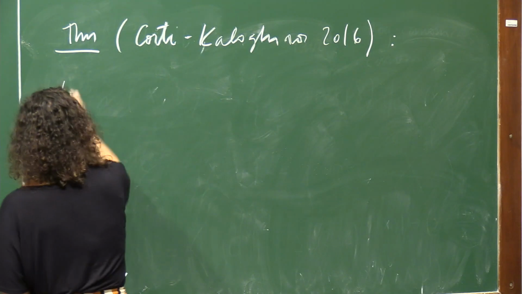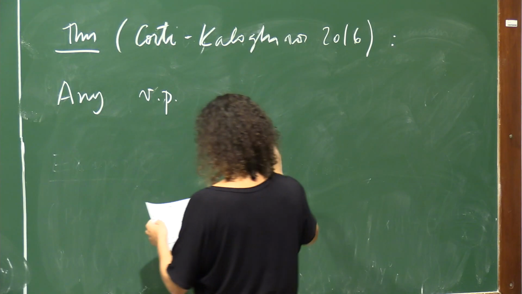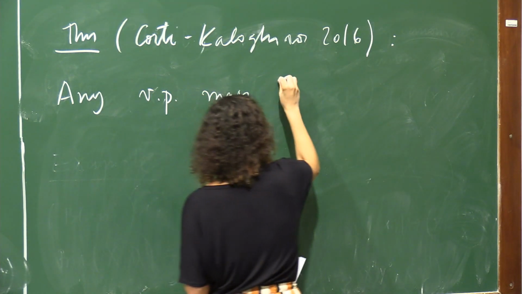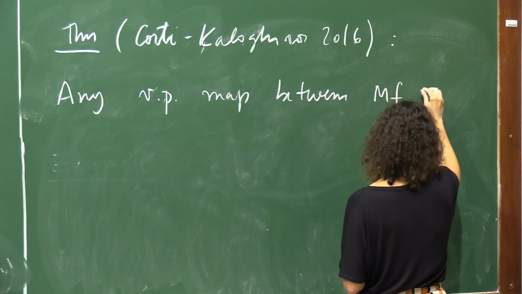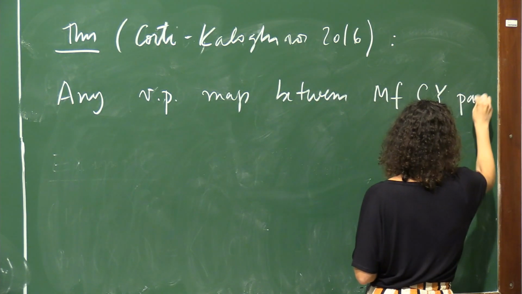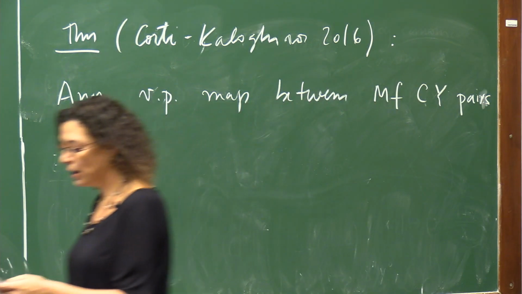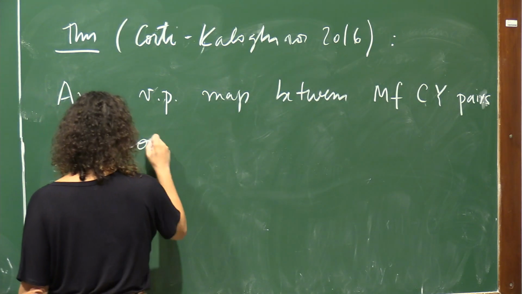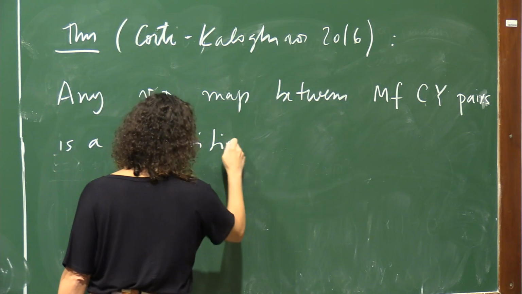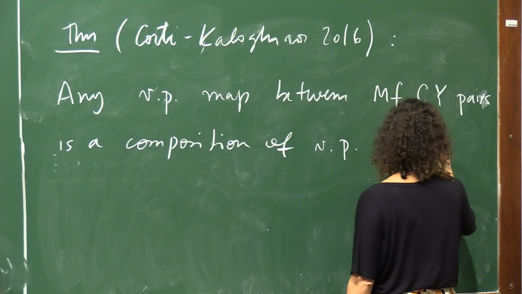So any volume-preserving birational map between, not Mori-fiber spaces, but Mori-fiber Calabi-Yau pairs, is a composition of volume-preserving Sarkisov links.